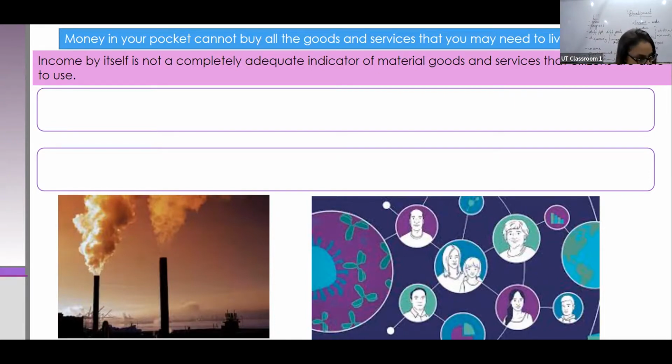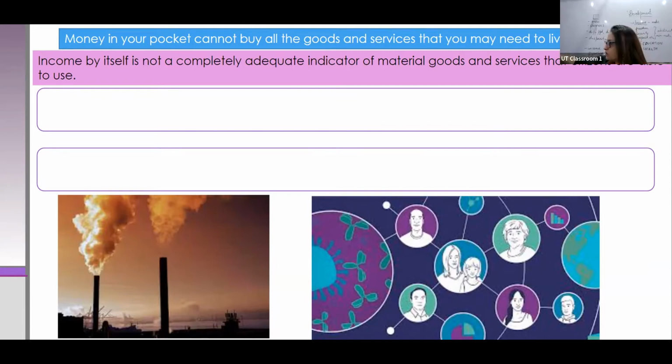Money can help you buy personal things that you want, but where public facilities are concerned, like this, what can you see? There are fumes coming out of the chimney, right? If you are living in a community like that, can you ever avoid this? Will the fumes say, no, you are rich, so I won't come to you, and you're poor, so I'll go to you? Would it distinguish between the rich and the poor? It won't.